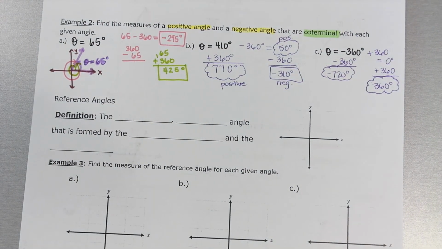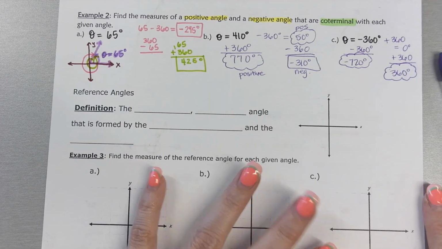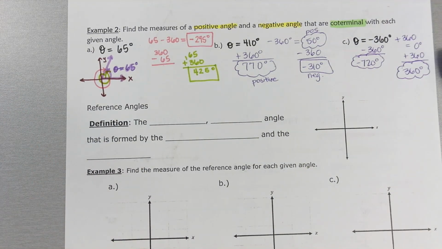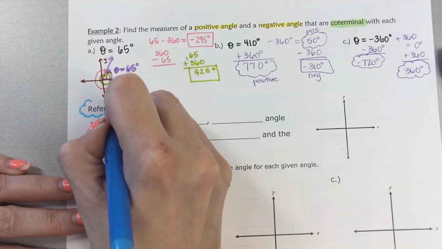Okay, so the last thing we're going to talk about today are reference angles. And again, I just want to reiterate, a lot of the stuff we're doing is going to tie together. So it's going to be important that we understand these.